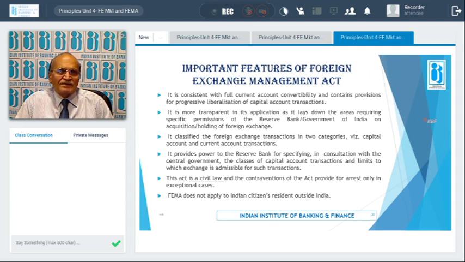So it is a liberalized act; in fact, it enhanced the confidence of the big corporate houses so that they can freely transact in the foreign exchange market. FEMA does not apply to Indian citizens resident outside India.